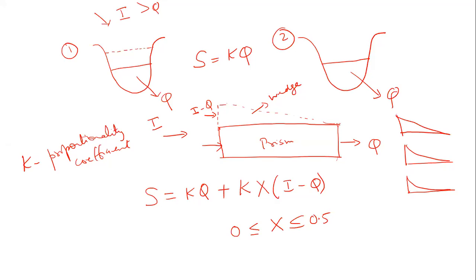Now we've got to the stage where we've written storage as a function of K times a combination of the prism storage and the wedge storage, incorporated through the expression KQ plus KX times I minus Q. Now I'll take one more slide and write the storage term at times j and j plus 1, similar to what I did previously.